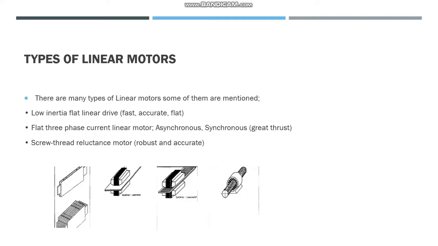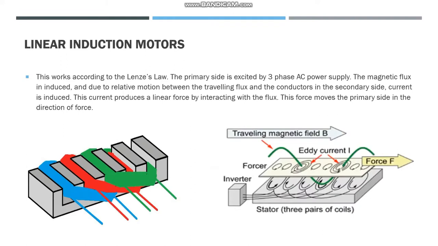Then there is the flat three-phase current linear motor, present in asynchronous and synchronous types, and its picture is also in the slide. These kinds of motors provide great thrust. Then there is the screw thread reluctance motor, which is robust and accurate, and its simple model is also shown in the picture.